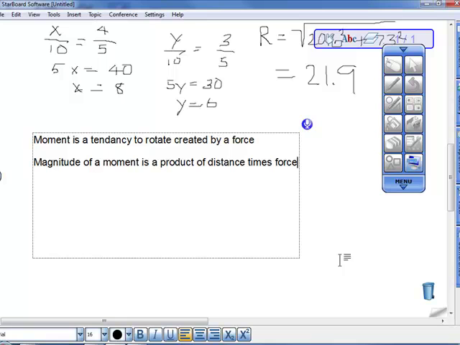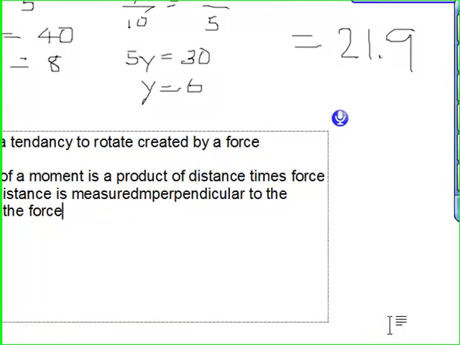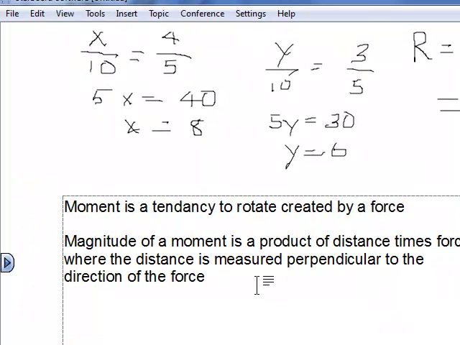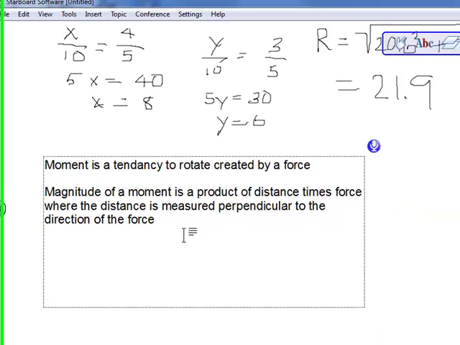The distance is measured perpendicular to the direction of the force. There is usually no point of application in a moment. Moments are added together algebraically.